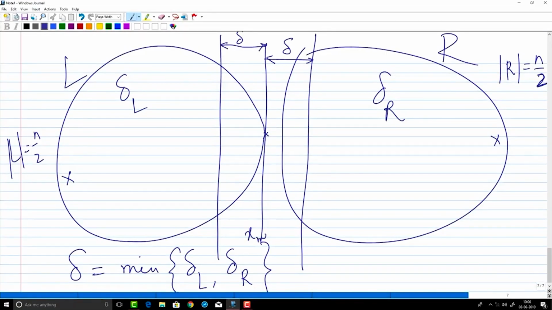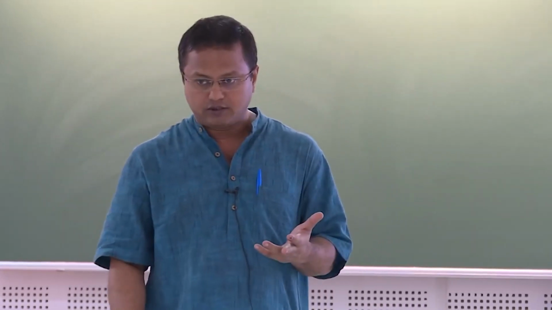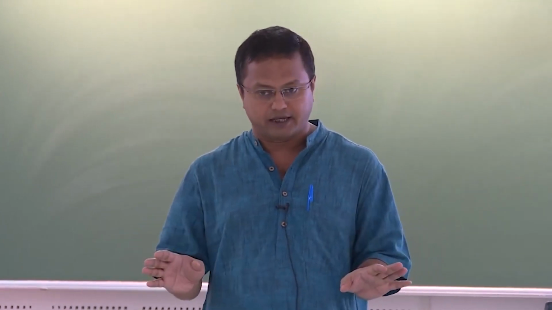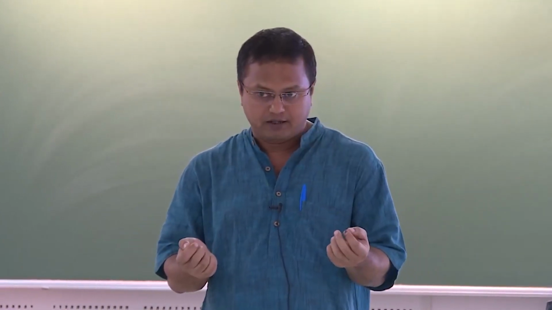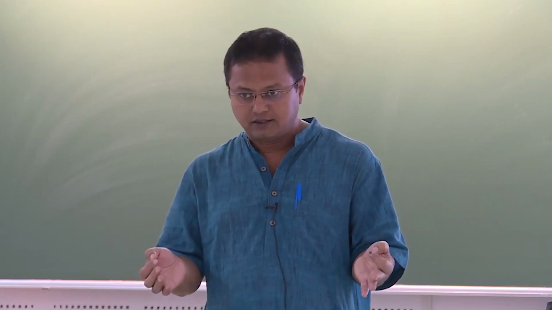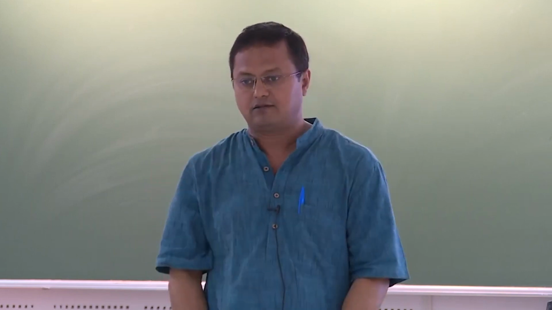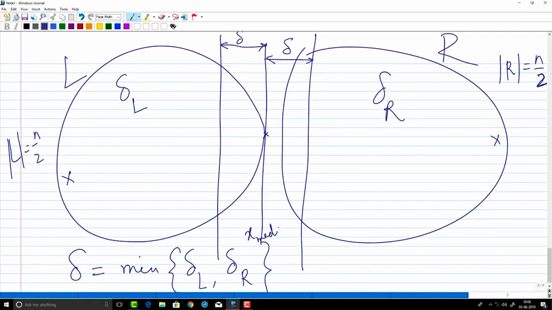So, this was my median line. My claim is it suffices to look for closest pair contribution from the left and from the right. If there is a pair whose one end is on the left side and the other is on the right side, it suffices only to look at this border zone.